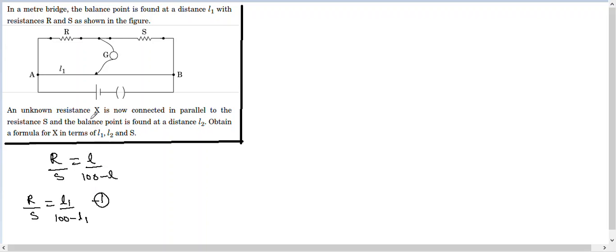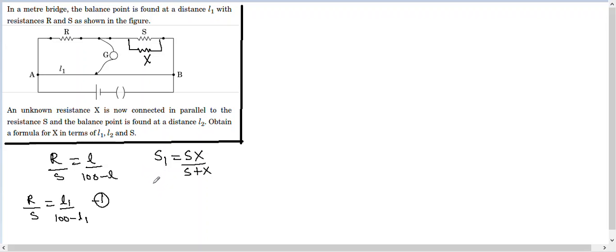Now what is happening is that an unknown resistance X is getting connected in parallel with this S. So can we say now that S1 is equal to Sx upon S plus X? How? It's just the resultant of the two resistances when they are connected in parallel.